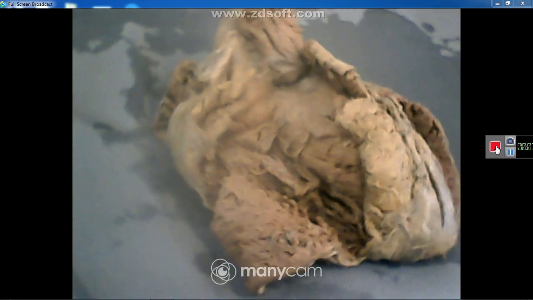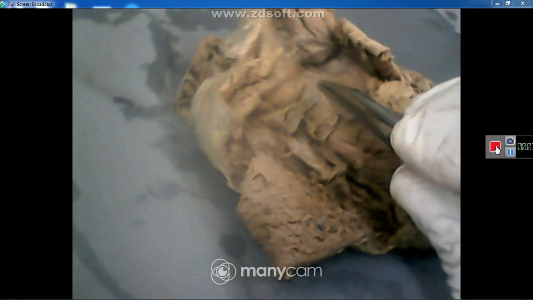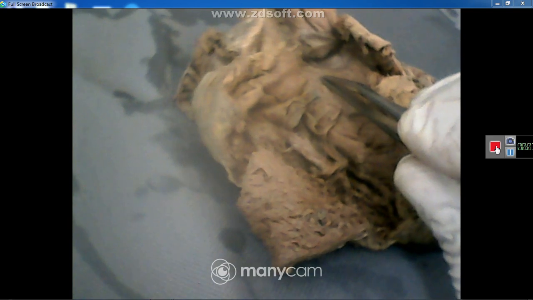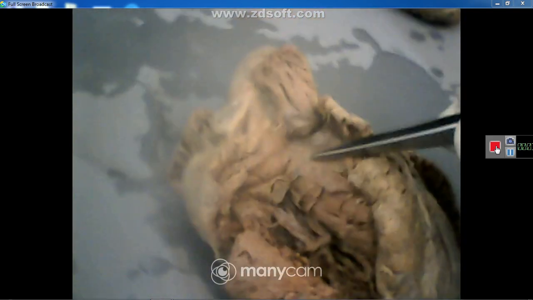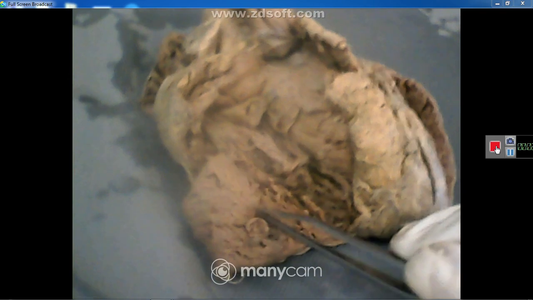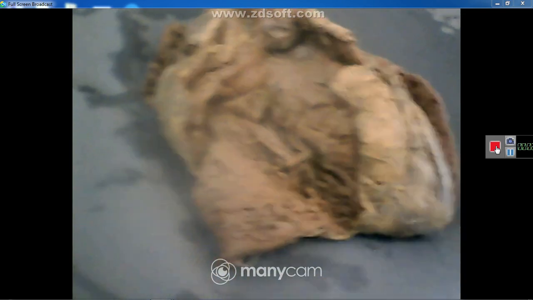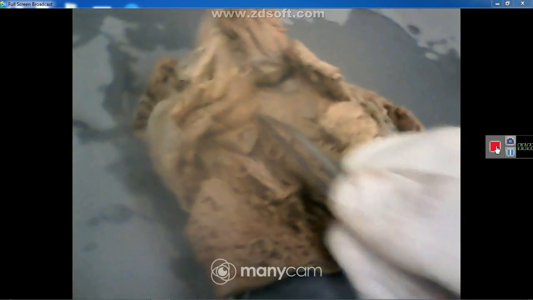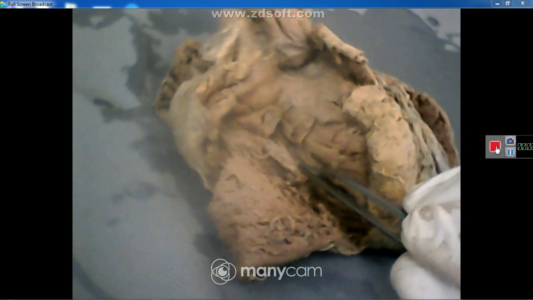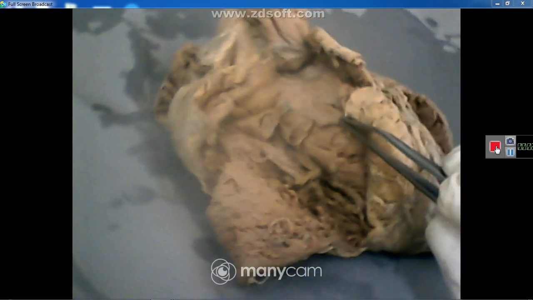Starting with the right ventricle, the upper part is the smooth part, called the infundibulum of the right ventricle, while the lower part is the rough part that contains many muscles. All of these are called trabeculae carneae muscles. The ridge between the smooth upper part, the infundibulum, and the lower part containing the trabeculae carneae is called the supraventricular crest.